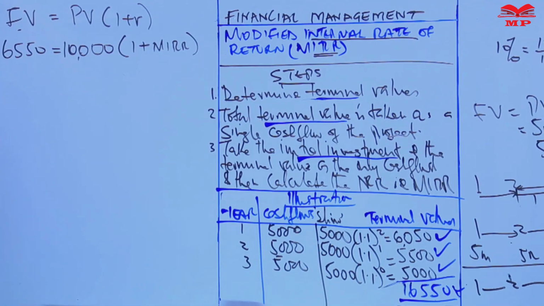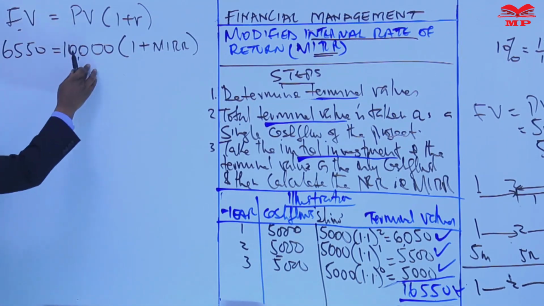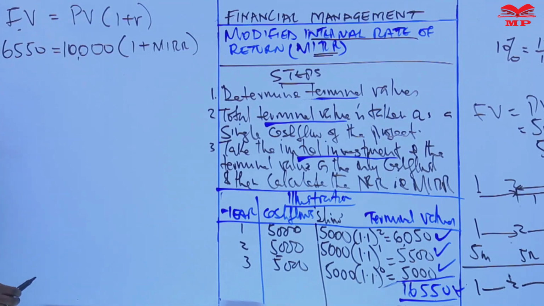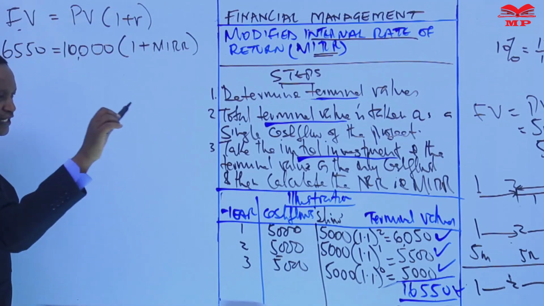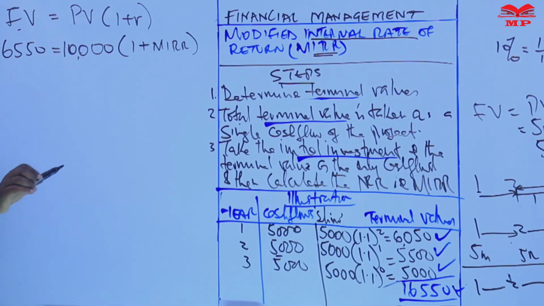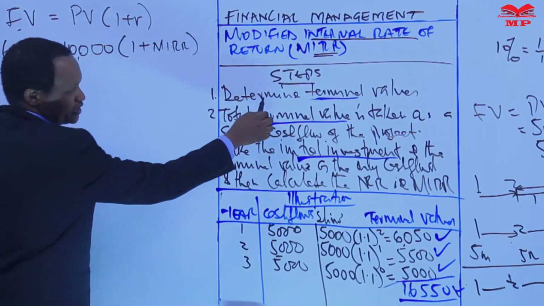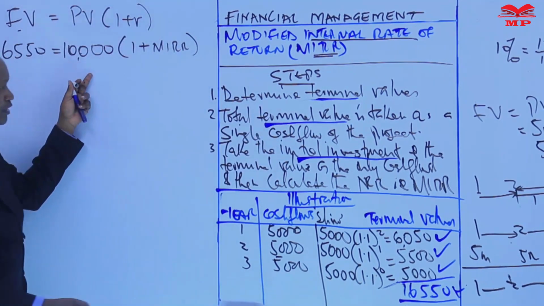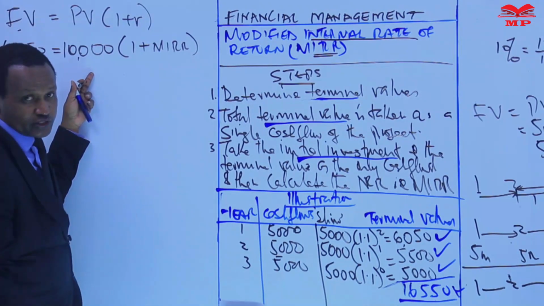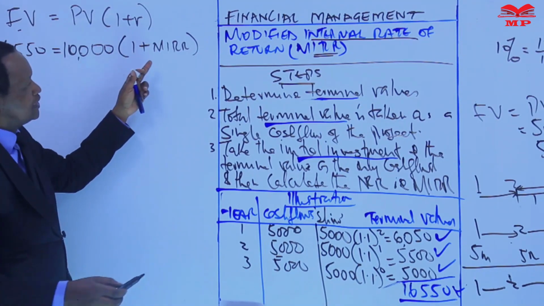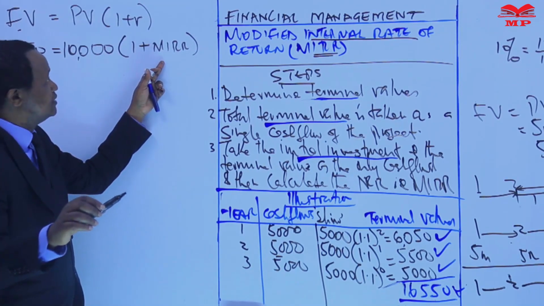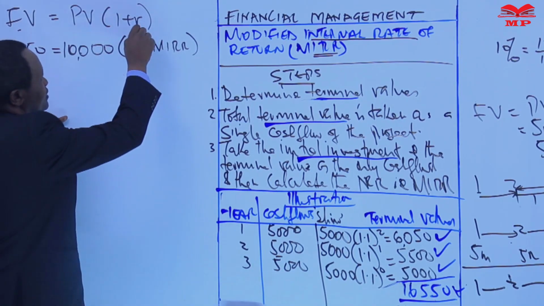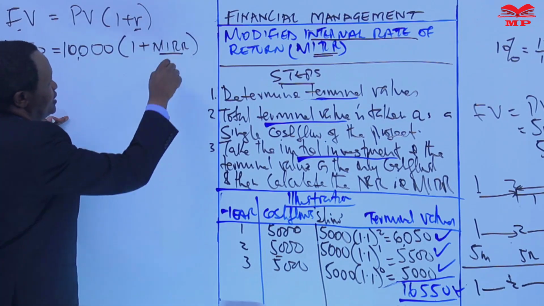Now, and that is a very important point, candidates. You have to understand that the MIRR, if you didn't understand this, then get this from here, because it's just the same thing, but I'm using different words. This MIRR, which is the same as this one.